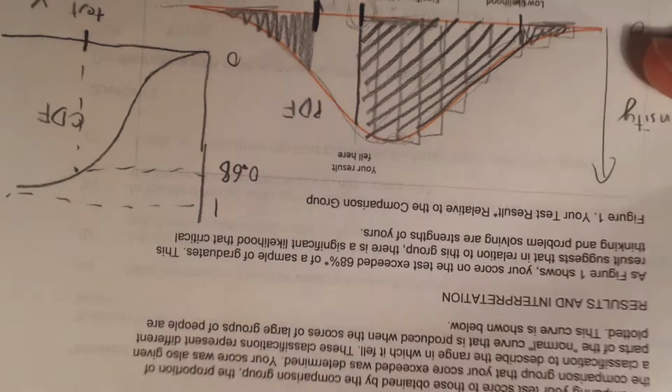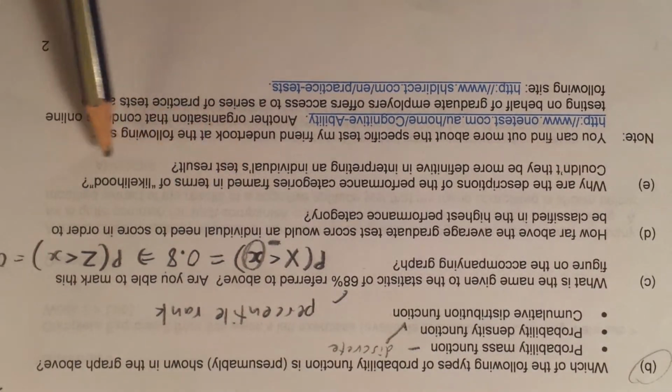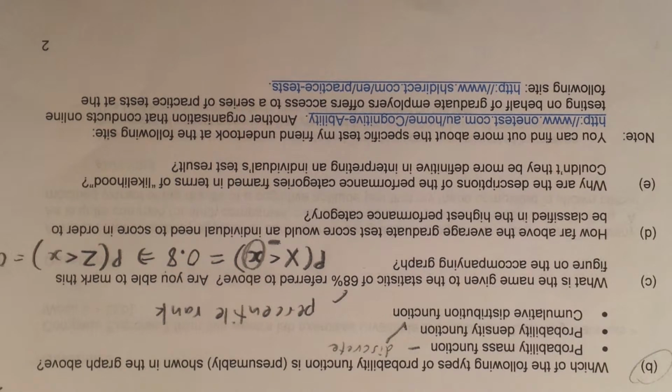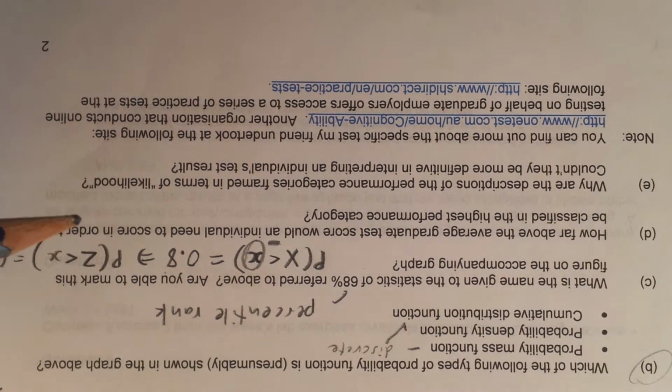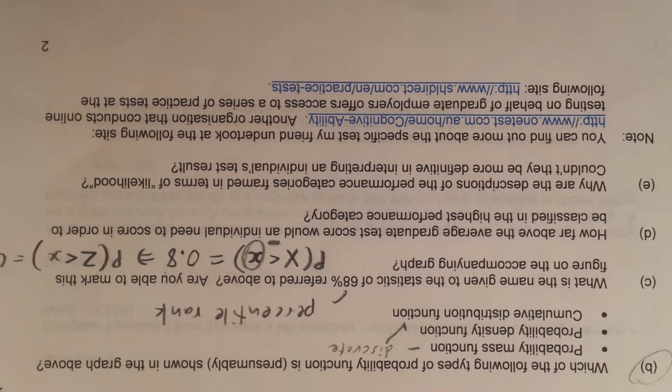And finally then, question E: why are the descriptions of the performance categories framed in terms of likelihood? Couldn't they be more definitive in interpreting an individual's result? The reason for them expressing uncertainty, which is this likelihood thing, is because they're trying to measure your aptitude, or perhaps your strengths, but they're doing so by a sample of questions, and it's on a particular day, at a particular time, and you're being compared to other people who are also subject to this same kind of sampling process.